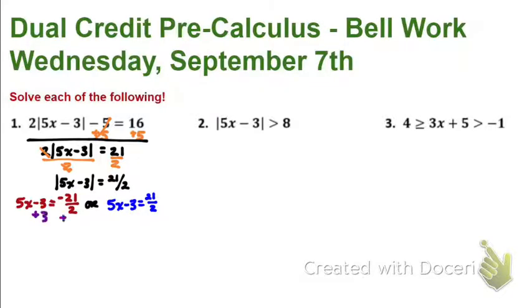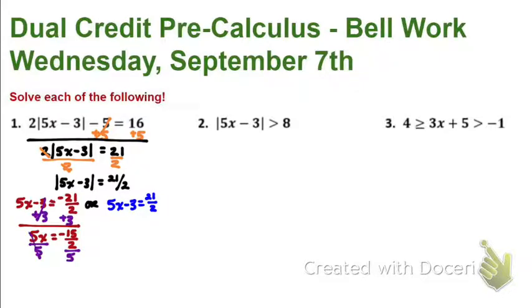I'm going to add 3 to both sides. So 5x is equal to, I believe this is negative 15 over 2, negative 21 over 2 plus 6 over 2. Is that correct? Because I need a common denominator. Okay. And then I divide both sides by 5.